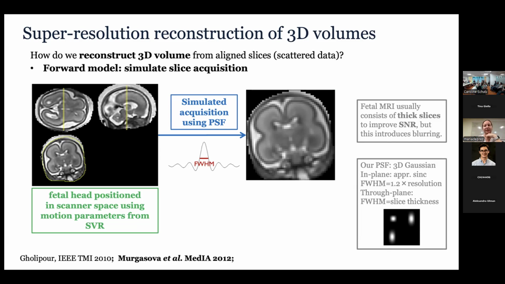And this is really an approximation because we know from MR physics that in-plane it's of course a sinc, but that's difficult to model, computationally very expensive. There is work of my colleague Bernhard Kainz, who's done it on GPU, so you can model the sinc, but it requires CUDA GPU.